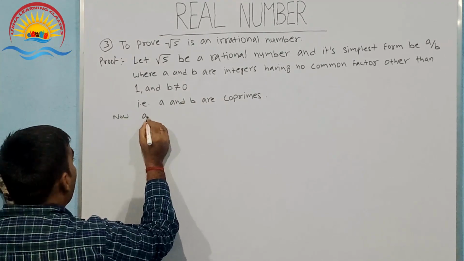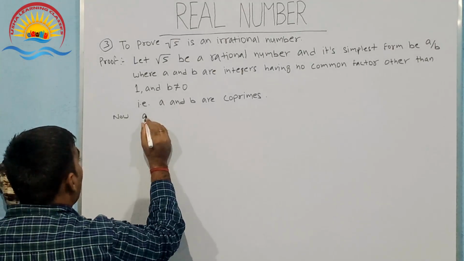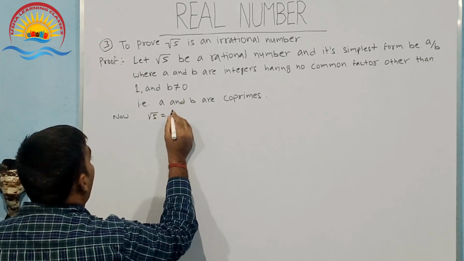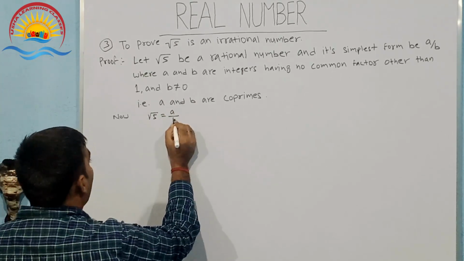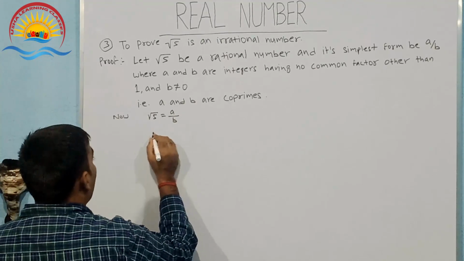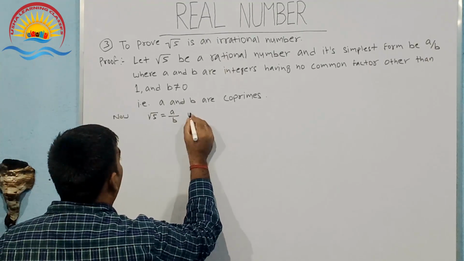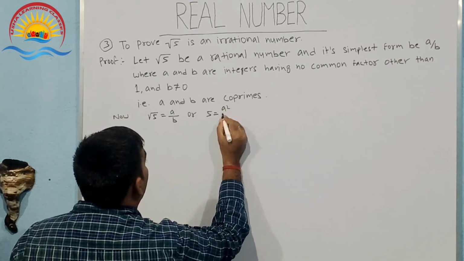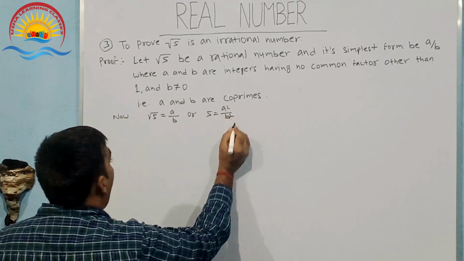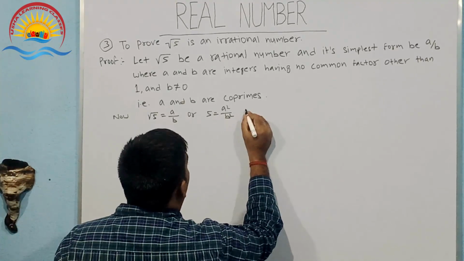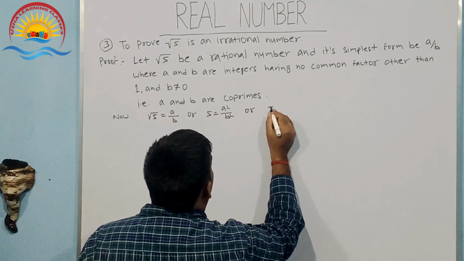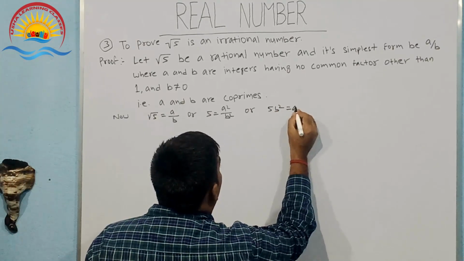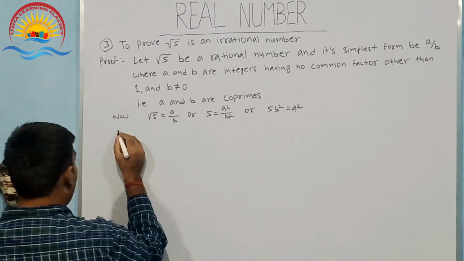Now root 5 equals a by b. Squaring both sides, 5 equals a square by b square, or 5b square equals a square.